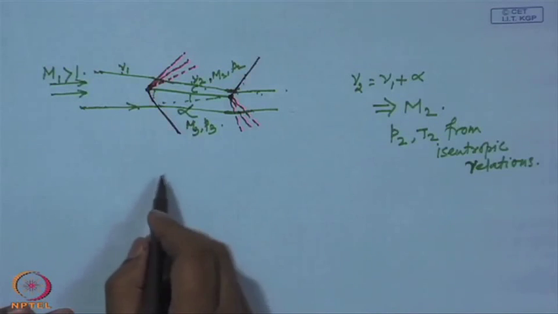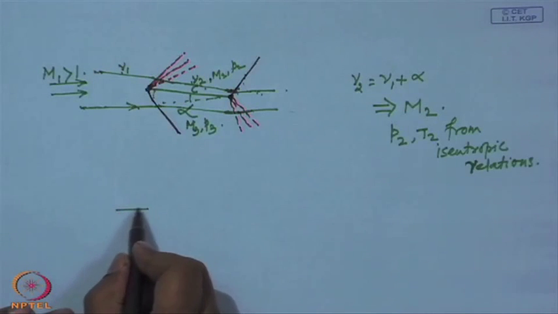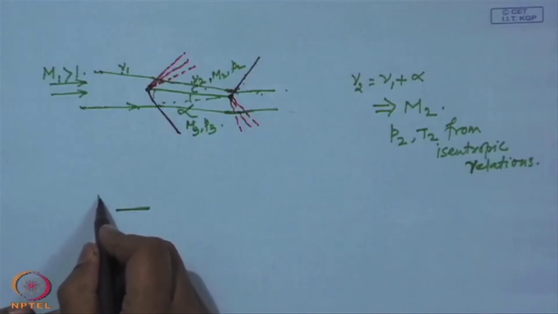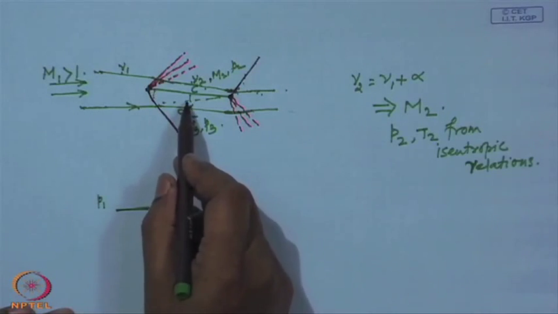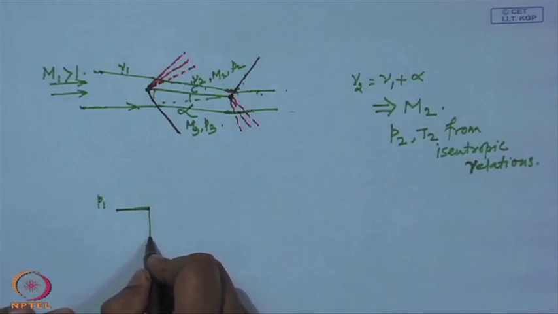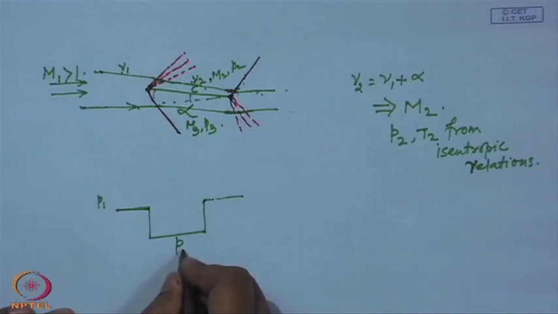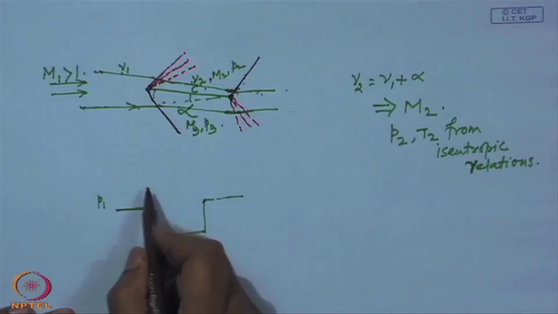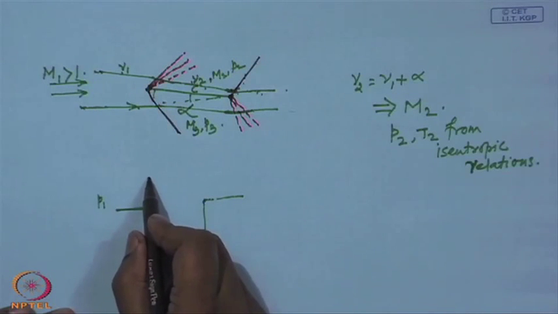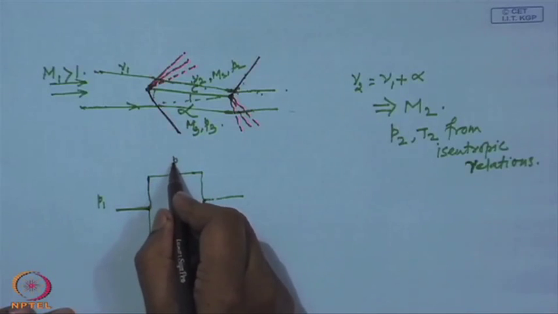Now, looking at the pressure distribution over the airfoil, we see that ahead of the flat plate, the pressure is P1, and then on the upper surface pressure is reduced to a certain value P2, while on the lower surface the pressure is increased to a value P3.